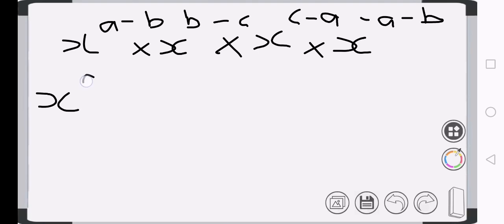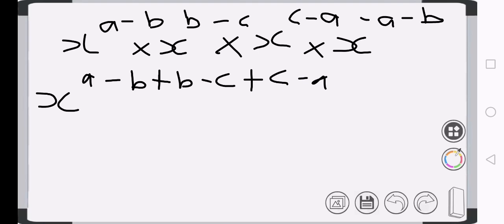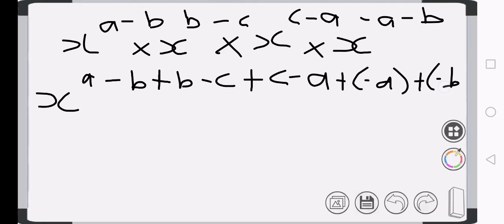So it will be a minus b plus b minus c plus c minus a plus negative a minus b.